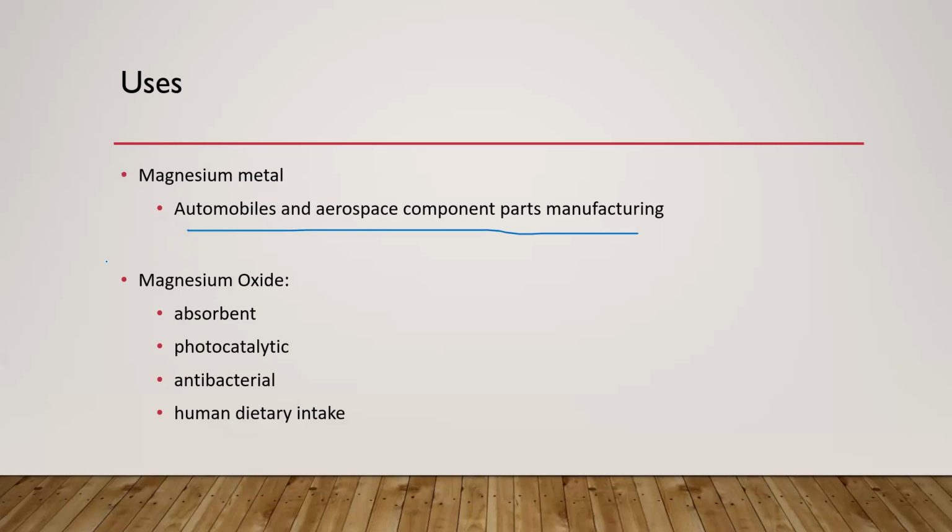And as an example of magnesium in the form of a compound, magnesium oxide has many uses, for example as an absorbent, photocatalytic, antibacterial, and in human dietary intake.